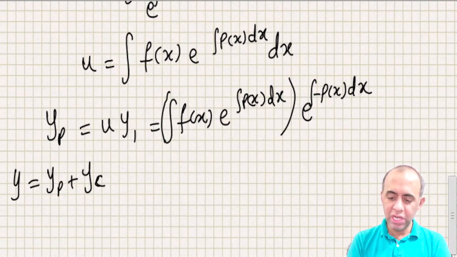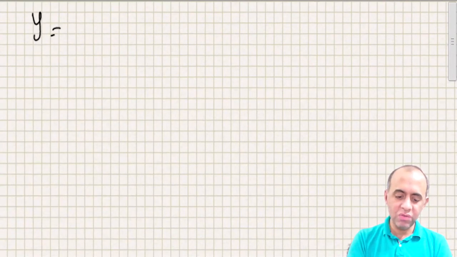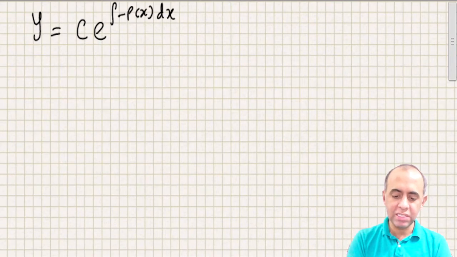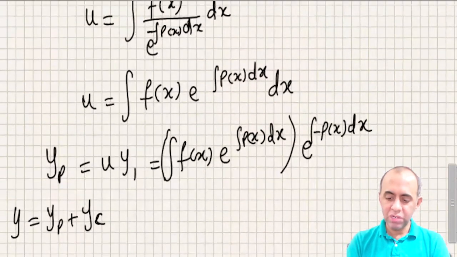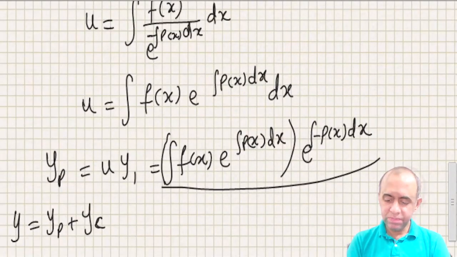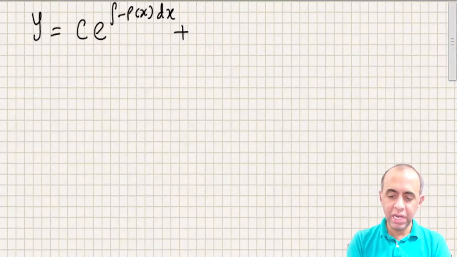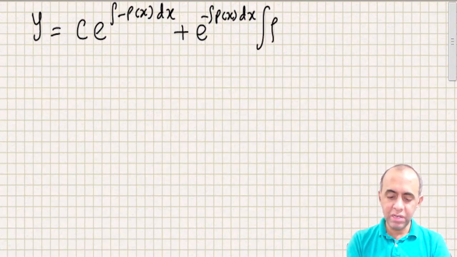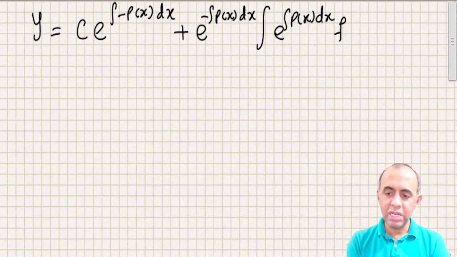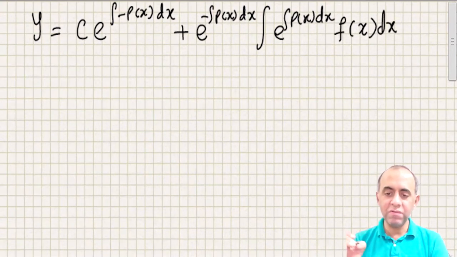So let's plug in the values. yc was c times e to the power integral minus p of x dx, plus now we have to write the value of yp, which we wrote over here, and let me slightly rearrange that a bit: e to the power minus integral p of x dx and the integral of e to the power integral p of x dx, there is no minus sign over here, f of x dx. So this is our final complete solution.